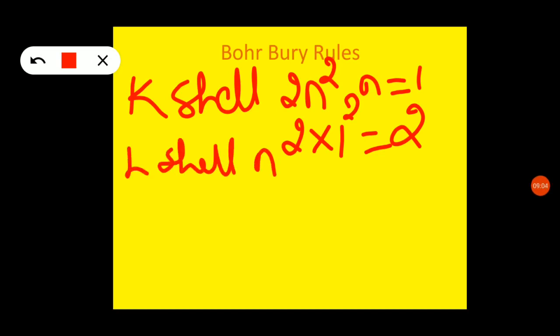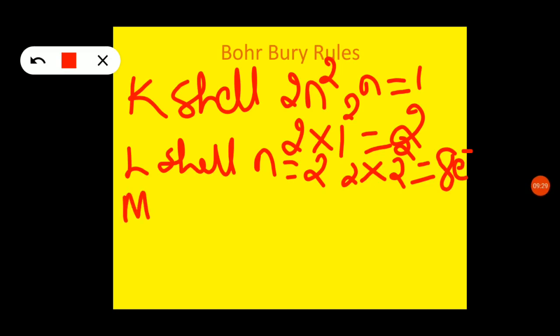Here n equals 2. Why? Because the L shell is the second shell. If you put 2, you will get 2 into 2 squared, that is 8. So a maximum of 8 electrons can be filled in the L shell.